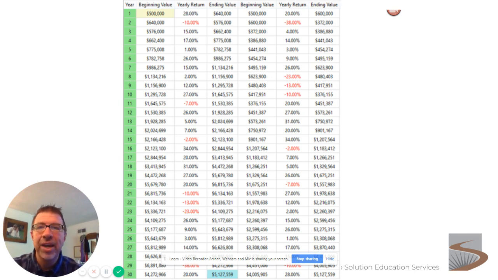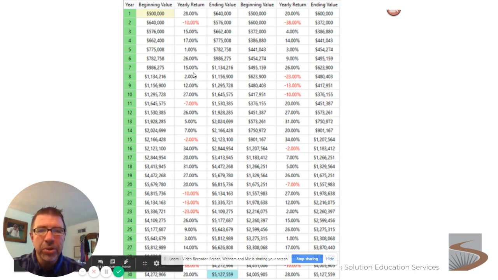The first scenario that we've got projected here is the accumulation phase, illustrated by $500,000 from which we're not taking any distributions. You'll notice that the image shows a left-hand side and a right-hand side. The difference between them is the column that says yearly return.